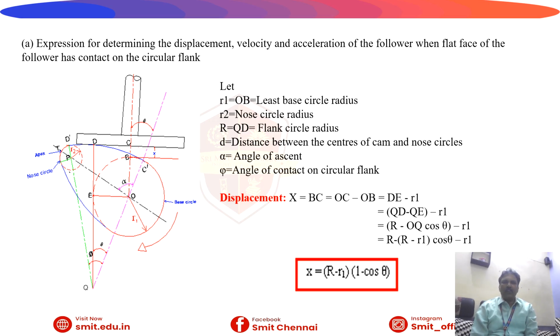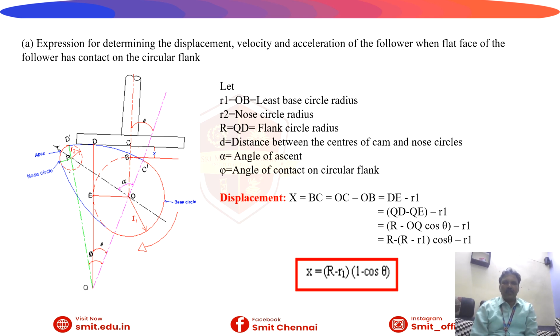We can see R1 is nothing but OB. You can see in the diagram OB is the least base circle radius. What is R2? Nose circle radius, that I already told. Capital R is nothing but QD, the flank circle radius.